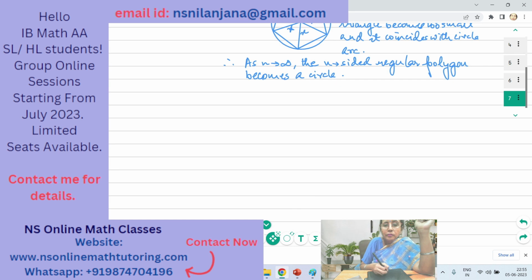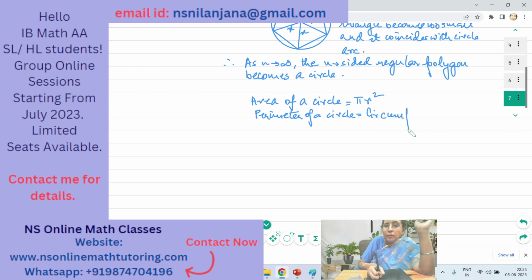Okay, and area of the circle is equal to pi r square, and perimeter of a circle, equal to the circumference, equal to 2 pi r. Okay.